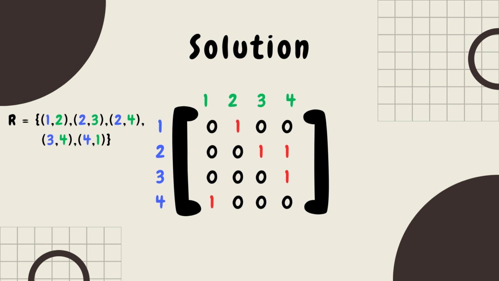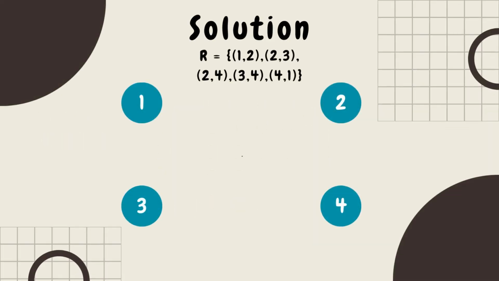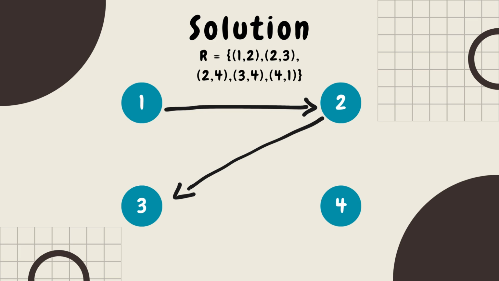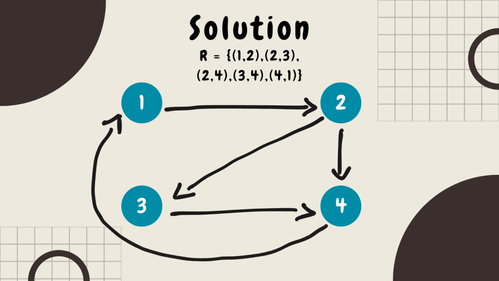The notations on the side indicate the pairs of elements that correspond to the matrix structure. We can use the pairs from the relation above to draw the digraph. The solution is 1 relates to 2, 2 relates to 3, 2 relates to 4, 3 relates to 4, and 4 relates to 1.